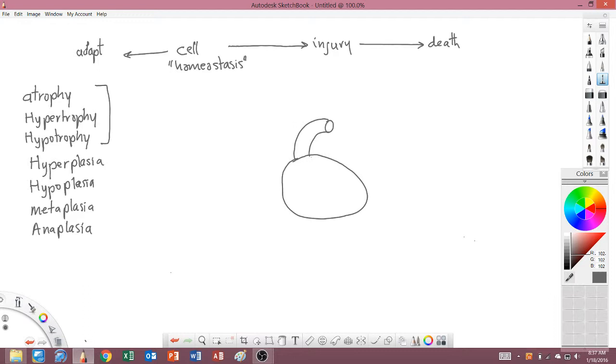Between the heart and the aorta, don't you have a valve? One-way valve, which prevents backflow, only allows forward flow. True? Okay, so let's call this valve aortic valve.